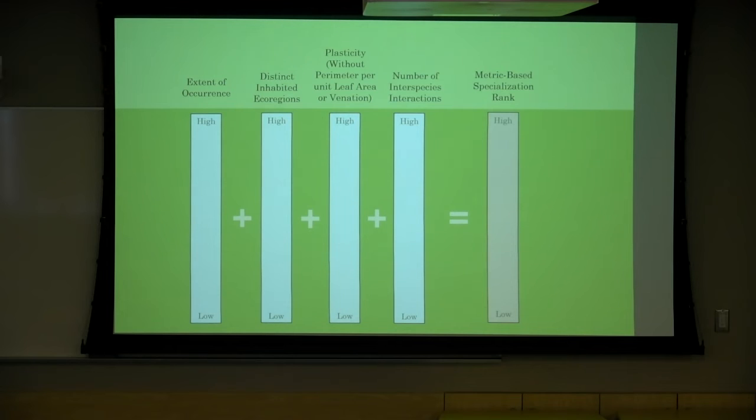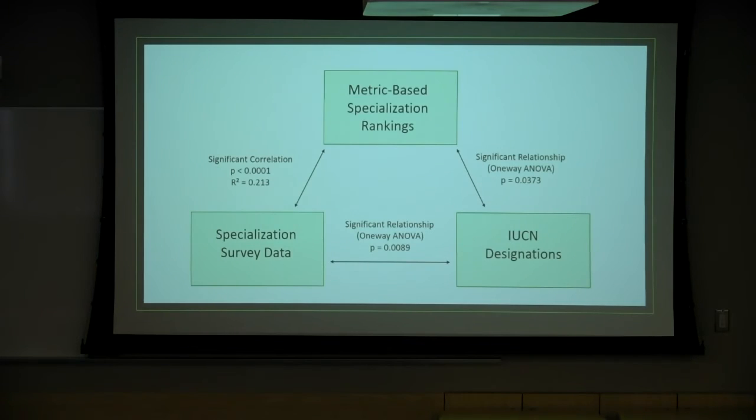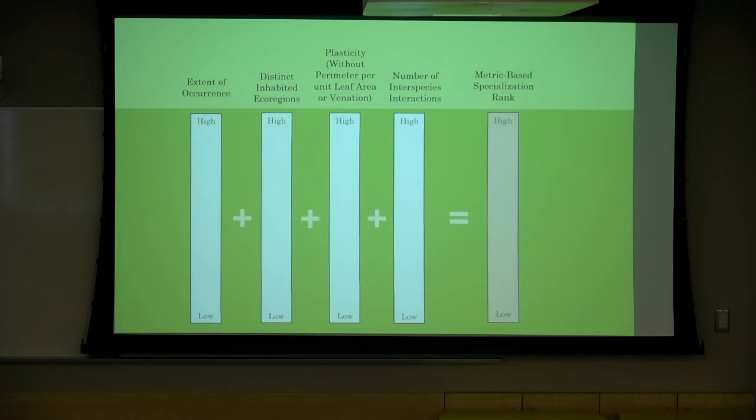We didn't do that because if we only had plasticity metrics, this scoring is no longer representative of specialization, it's just the total plasticity score. For species that were data deficient, so maybe we're missing some data for one of these values, they had their remaining metrics adjusted to compensate.